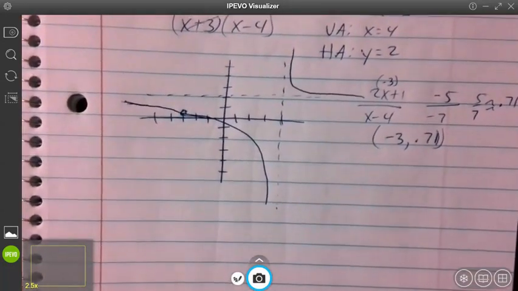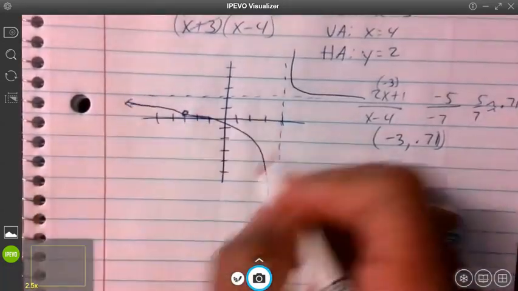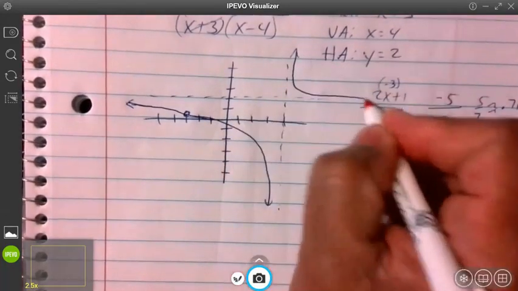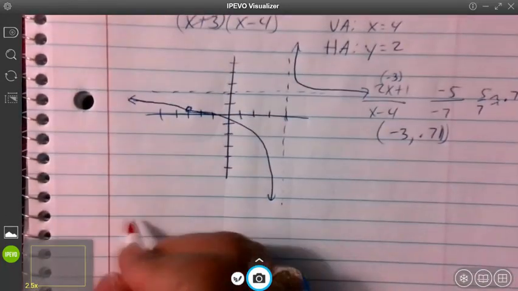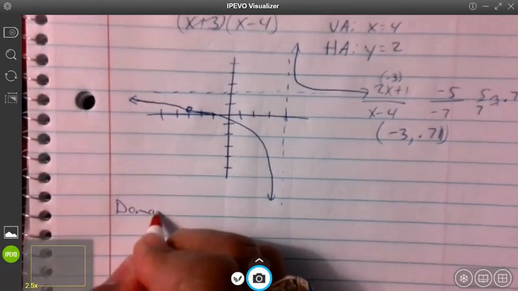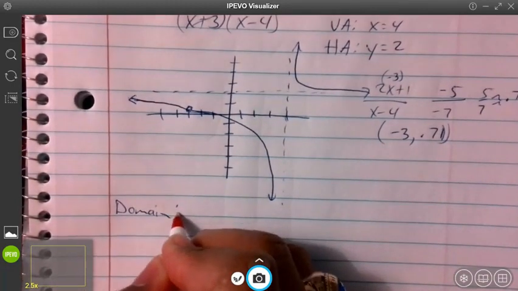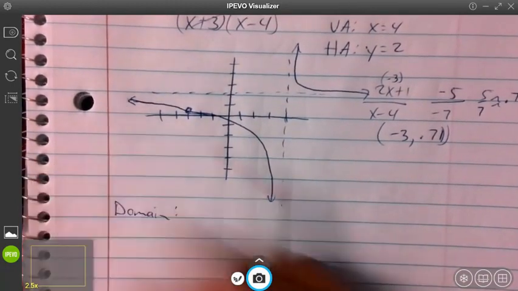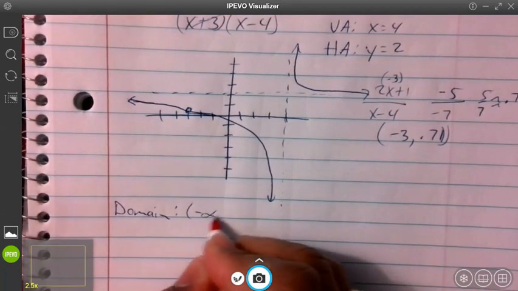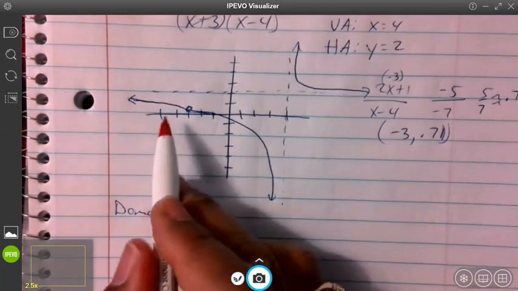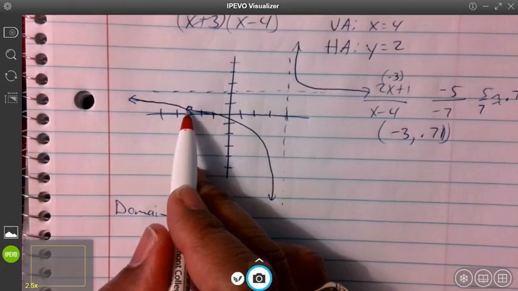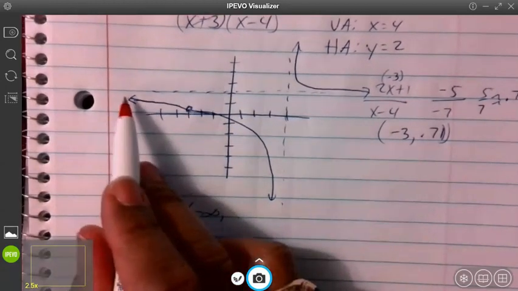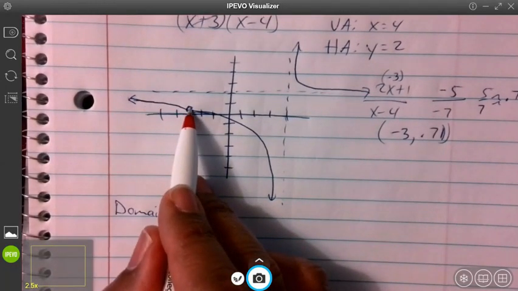Now to get our domain and range, this is where it's so important. Remember, these go on forever. So my domain is going to go from -infinity, but then it's going to stop here because we do not have a value here. So your domain is going to go from -infinity to where the hole is, which is at -3.